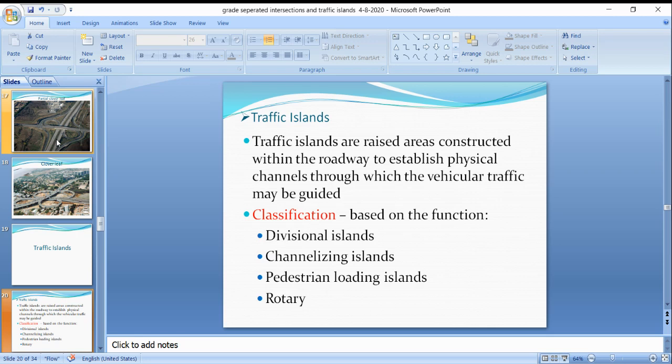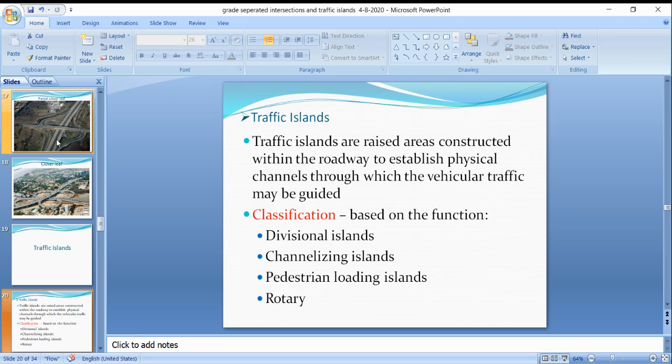There are classifications based on function, which we already saw in the above figures: divisional islands, channelizing islands, pedestrian loading islands, and rotary islands.